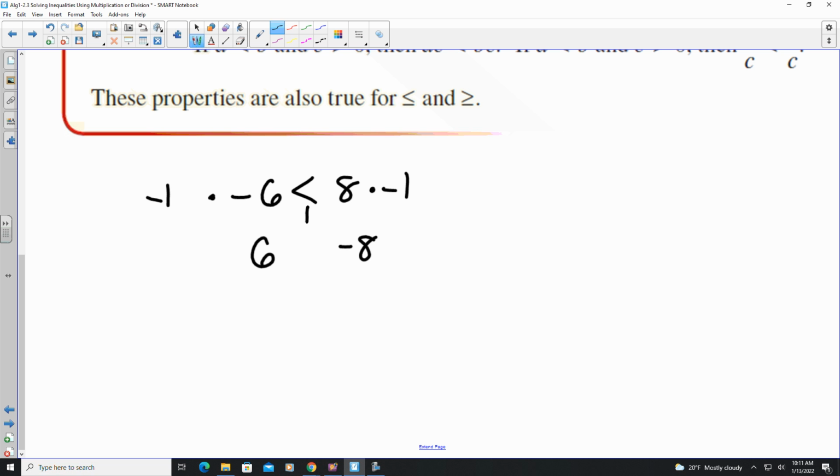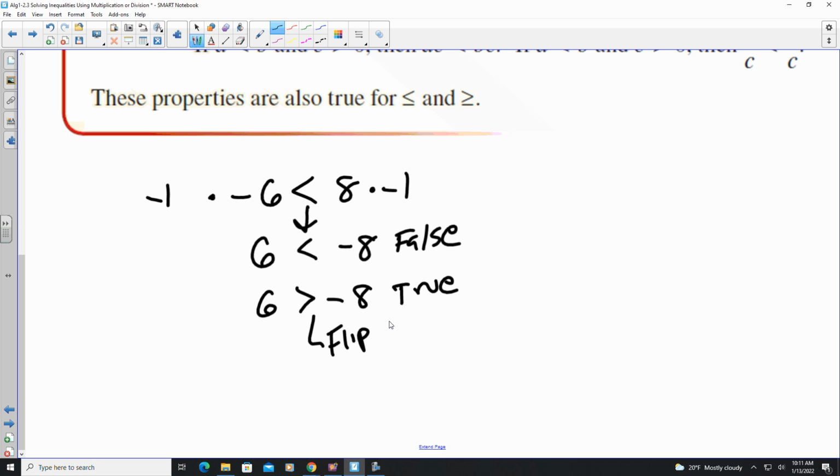Now, if I kept this inequality the same as less than, this would be a false statement. So in order for it to make it true, I have to flip it. So by flipping the inequality makes it a true statement. So the rule is anytime you multiply both sides of an inequality by a negative number, you must flip the inequality. So this is where that flip comes in.